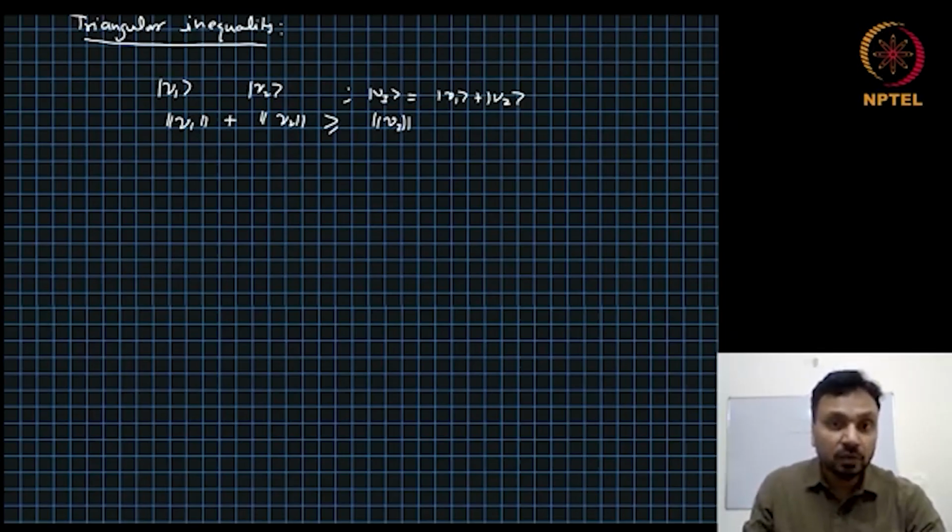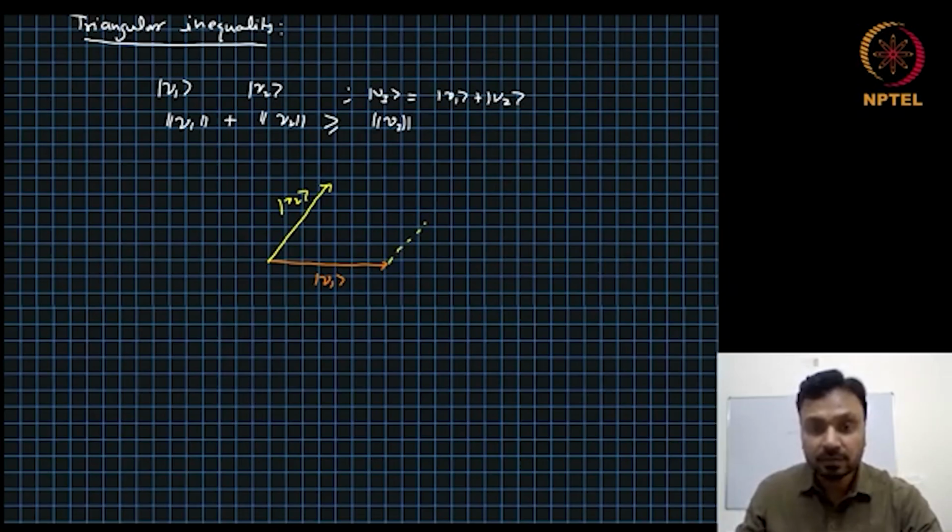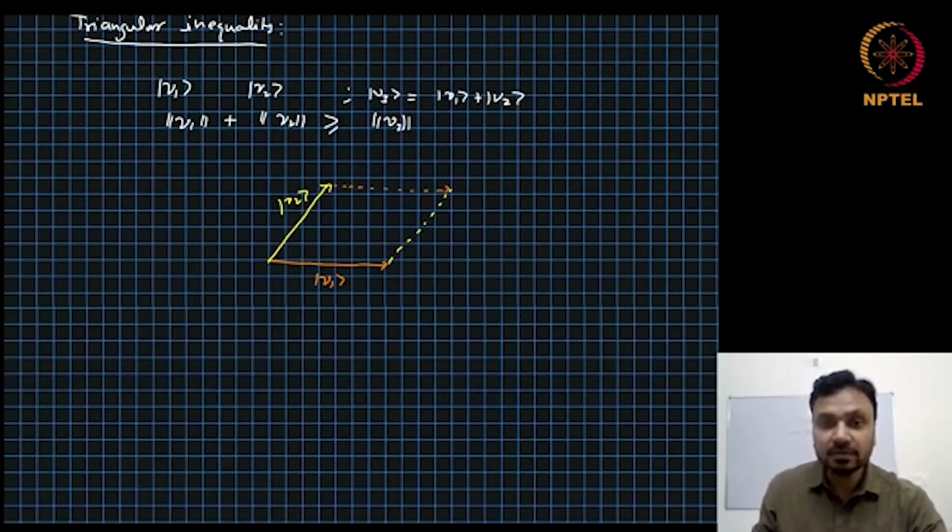We can see it graphically like this: we have a vector v1 and a vector v2, then their sum, as we know from our earlier experience, is represented by v3.